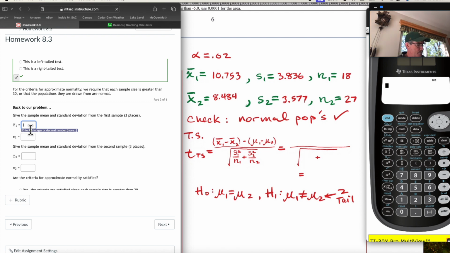Our first sample mean, again, it wants 3 places, so we're going to go 10.753. Sample standard deviation 3.836. Second sample mean 8.484.